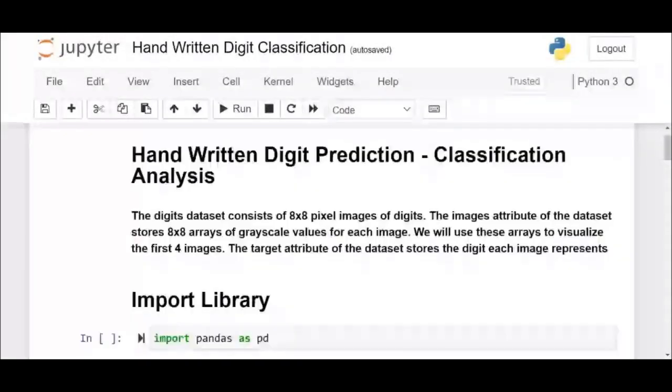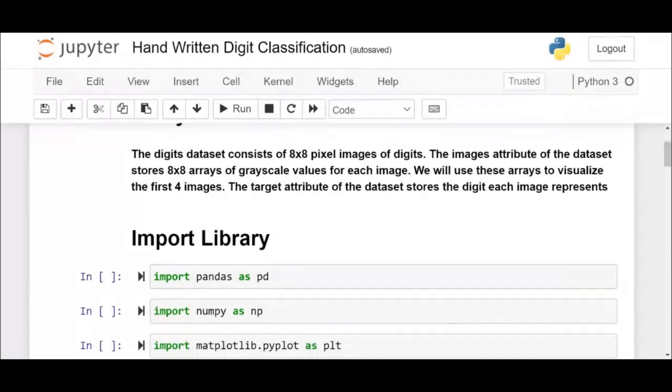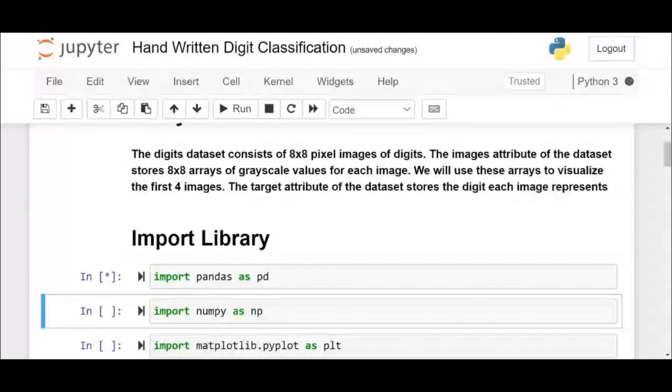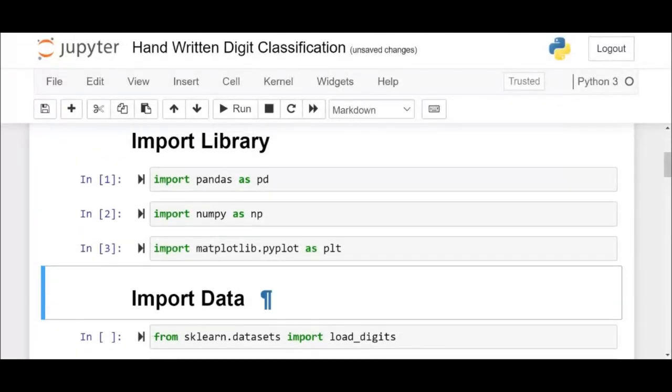Now, first of all, images have their own requirements and challenges. To run this example, we don't require any CSV file because this data set is available in our sklearn library. So we are going to use that. First we will import the different libraries.